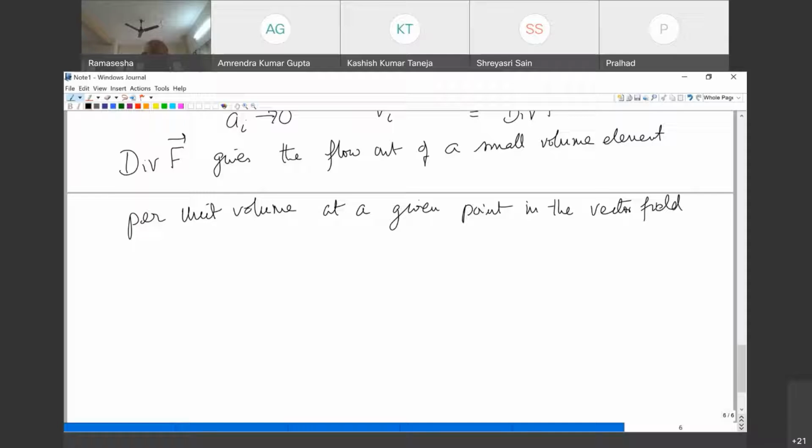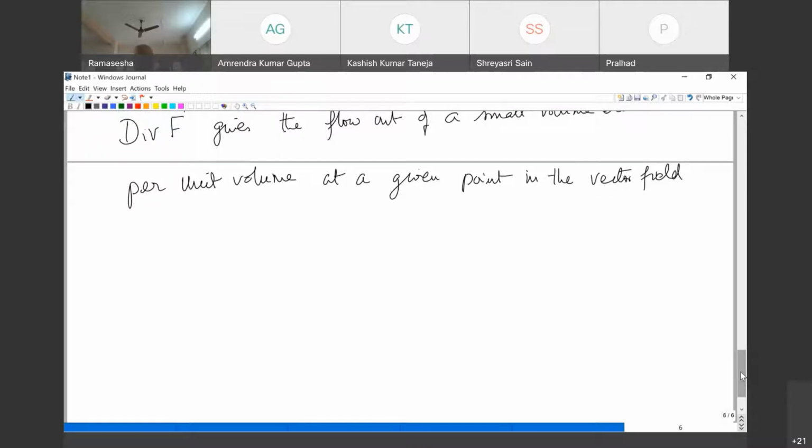And now let me see whether I can do something more with this. What I can do therefore is that the integral over the surface S of F dot dA is equal to the sum over i of the integral over all the teeny weeny surfaces of F dot dAi.